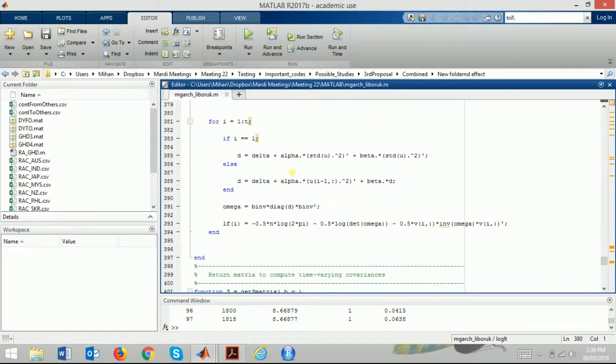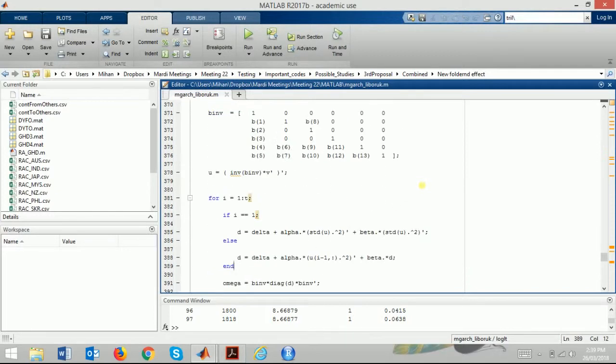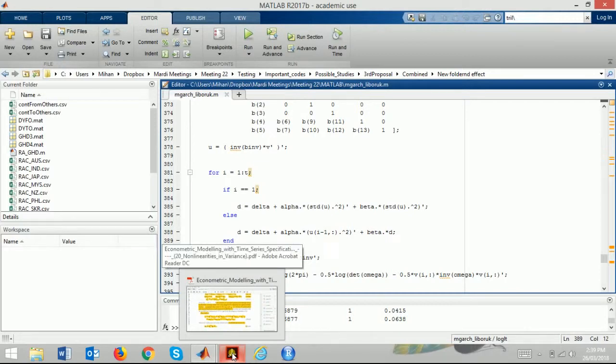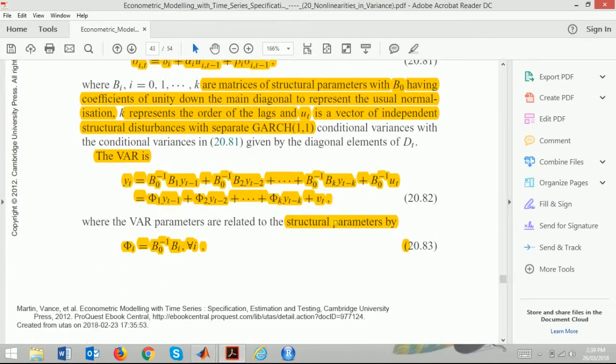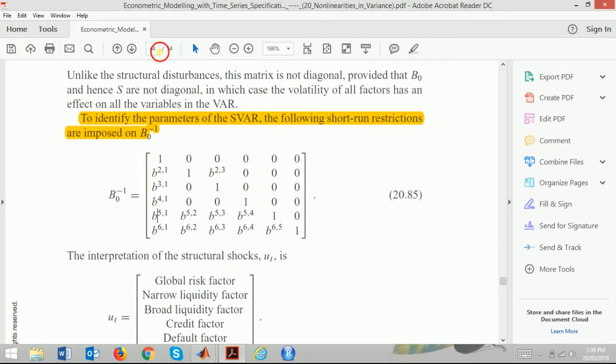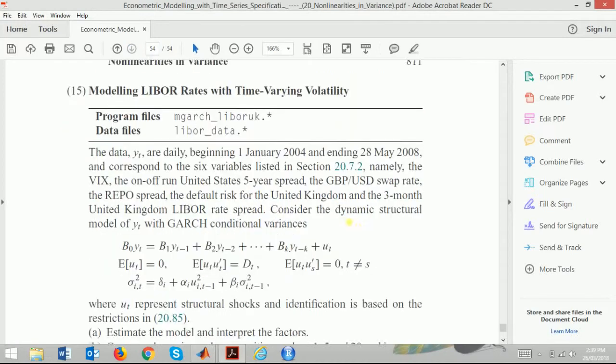For i equals 1 to t, if i equals 1, then D is delta alpha squared, else delta alpha u i minus 1 squared plus beta into D. If i equals 1, for the first one basically, alpha u squared beta into D. So alpha u squared beta into D, we get 44 and 54.